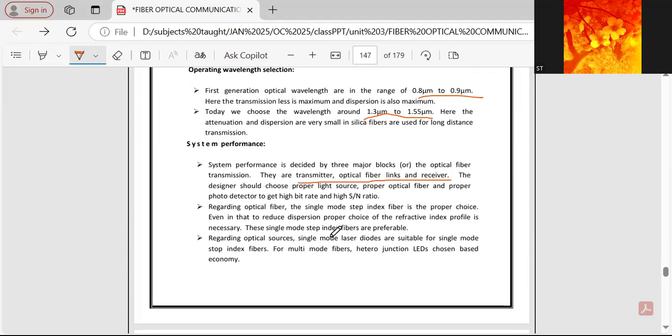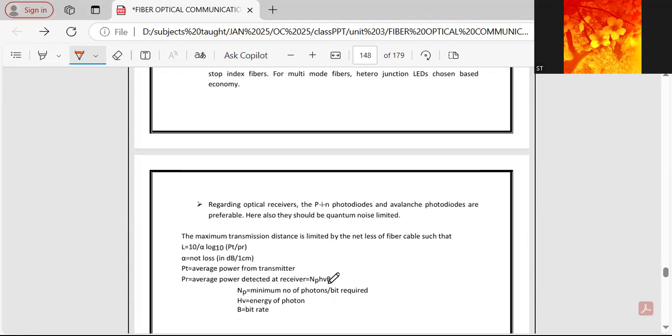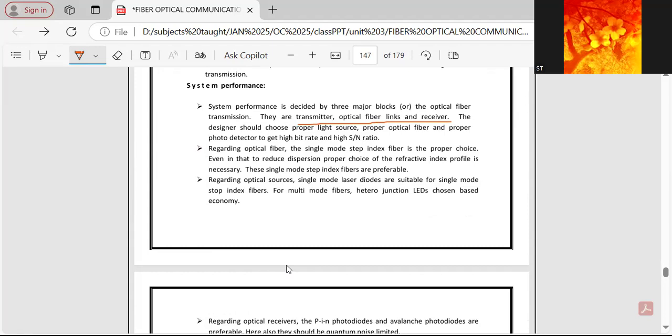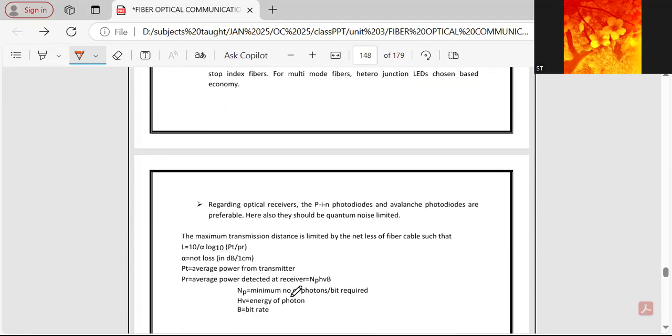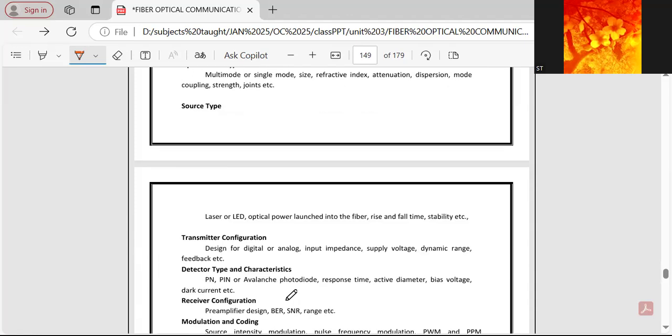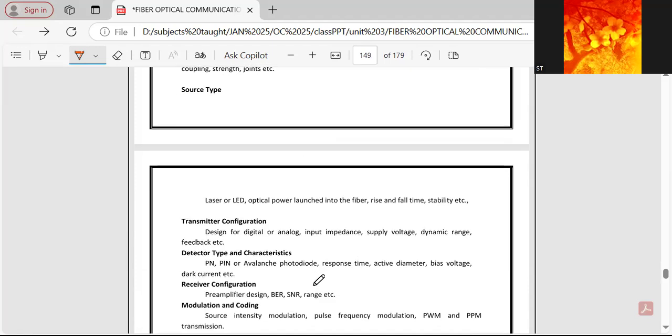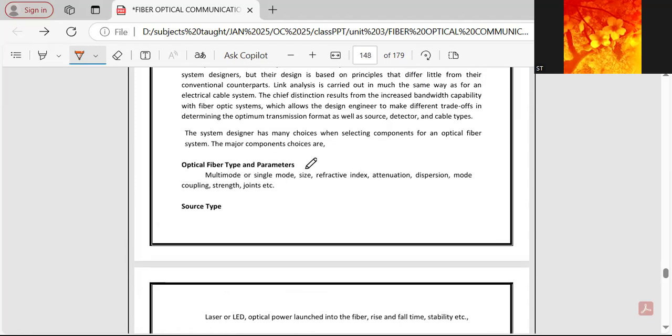In a subsequent video, we will discuss in detail how the power budget calculation and rise time budget calculation are done. So here, how you can select the component choice. It depends on the optical fiber type and its parameters.